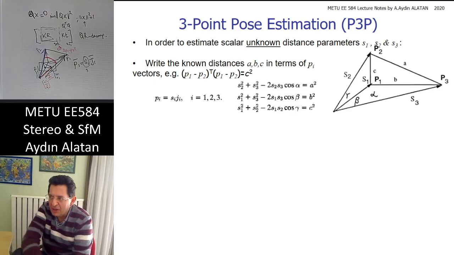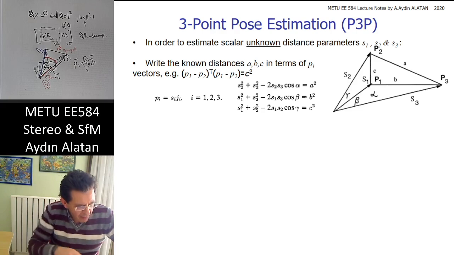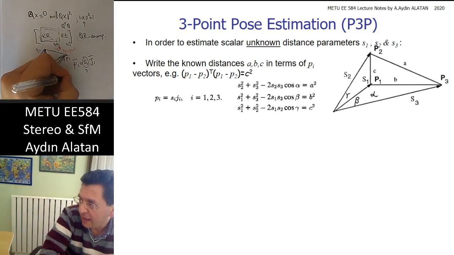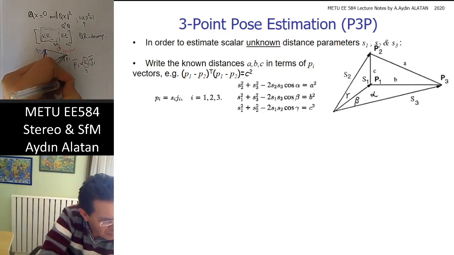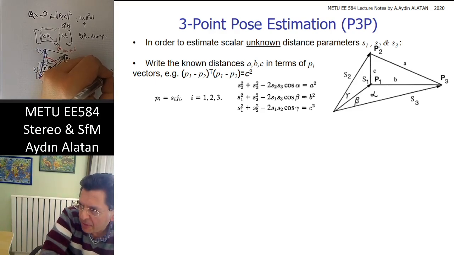Then please note we have some multiplication of terms. Maybe let's write it here: P1 transpose P1, minus P1 transpose P2, minus P2 transpose P1, plus P2 transpose P2.